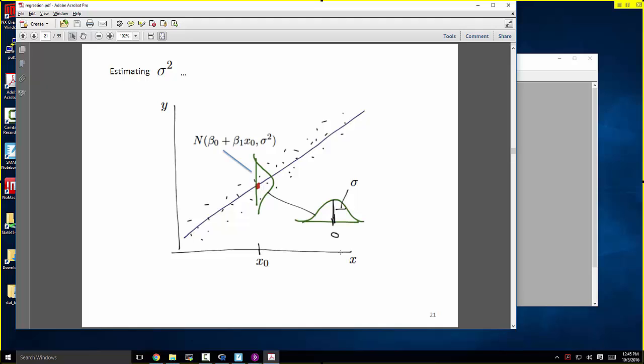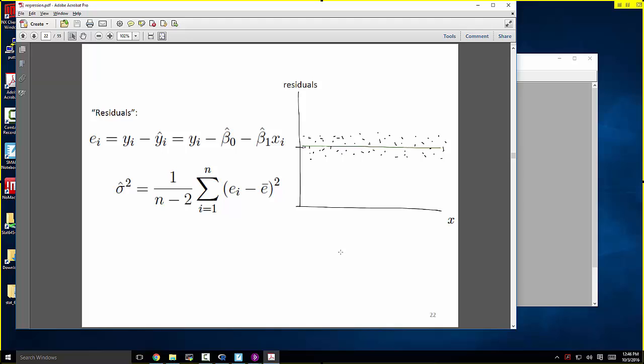It has the same variance. So what if we took all the deviations from the line? You have the observed response values, y, and now we have fitted response values, y hat. Y hat would be what you get from the model when you plug in x_i.